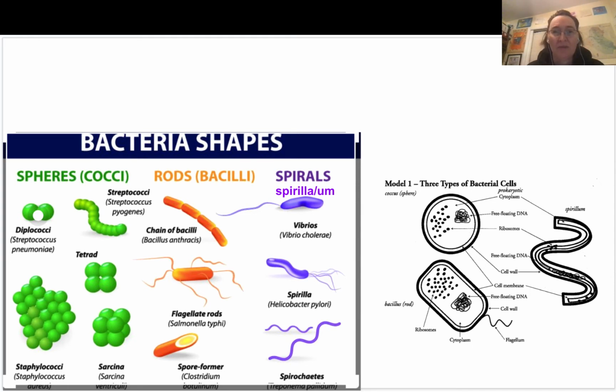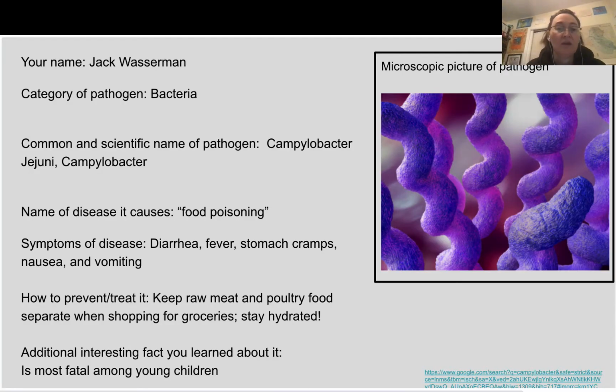We also learned about a whole host of terrible things bacteria can do to you, like anthrax and cholera, and you can have a salmonella infection, you can get bacterial pneumonia or tuberculosis or staph infection, strep throat. One project, go Jack, by chance, Jack picked a bacteria called Campylobacter jejuni that can give you food poisoning. Lots of different things can give you food poisoning. It's one of them.